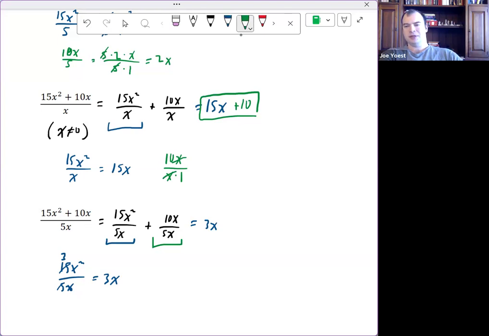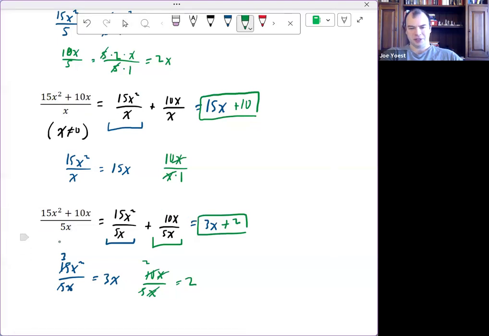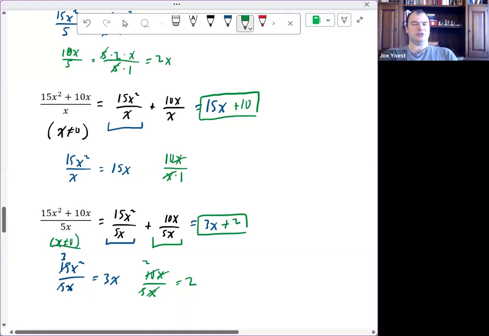That's from the first term. What about our second term? 10x divided by 5x. The x's divide out, and 10 over 5 just gives me the constant 2. So just 3x plus 2. So don't get thrown off just because there's a variable or a monomial in the denominator, and I really ought to say x not equals 0 here.